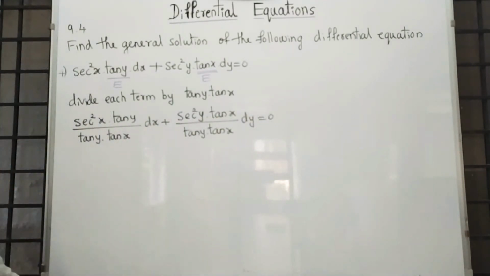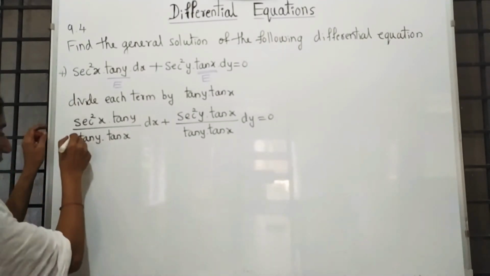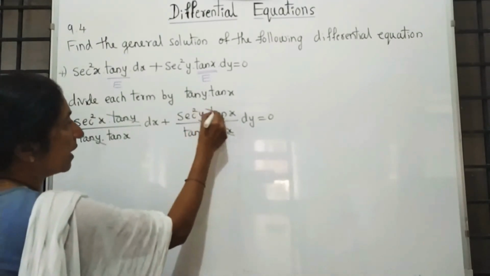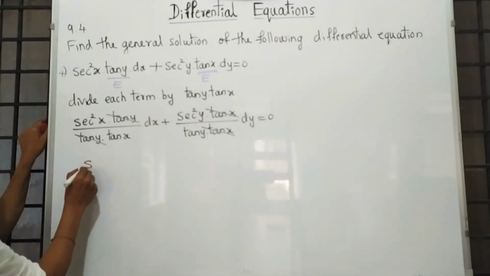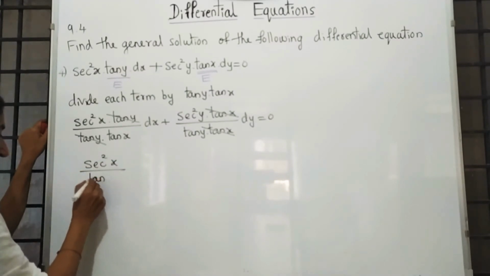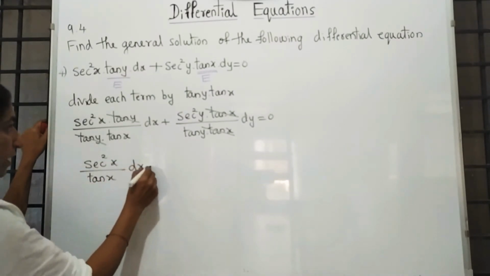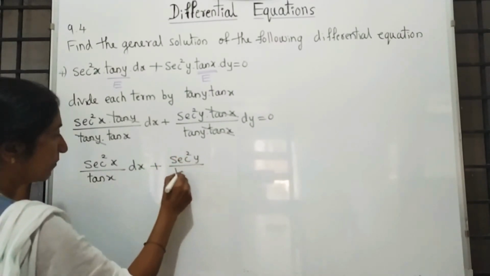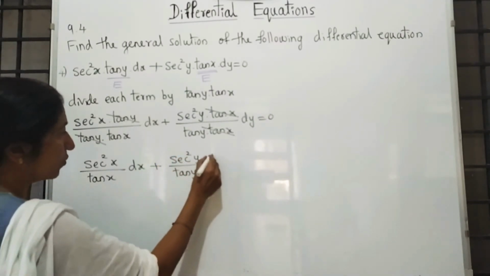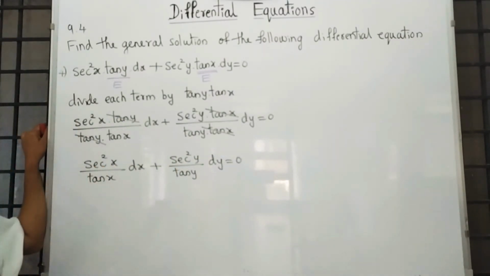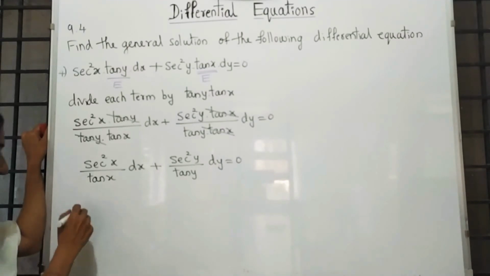This tan y and tan y get cancels. Here tan x and tan x get cancels. Remaining are secant square x upon tan x into dx plus secant square y upon tan y into dy is equal to 0. See, with the dx we have x terms, with the dy we have y terms.